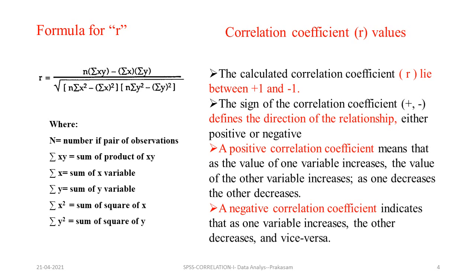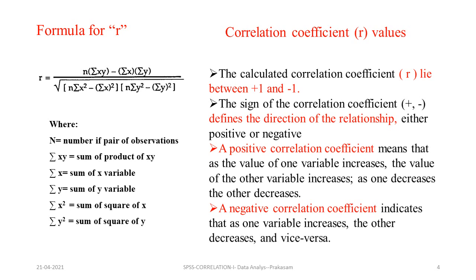Then we should know what the values are and their limitations. The calculated correlation coefficient r lies between plus 1 and minus 1. The sign of the correlation coefficient is either plus or minus. It defines the direction of the relationship.